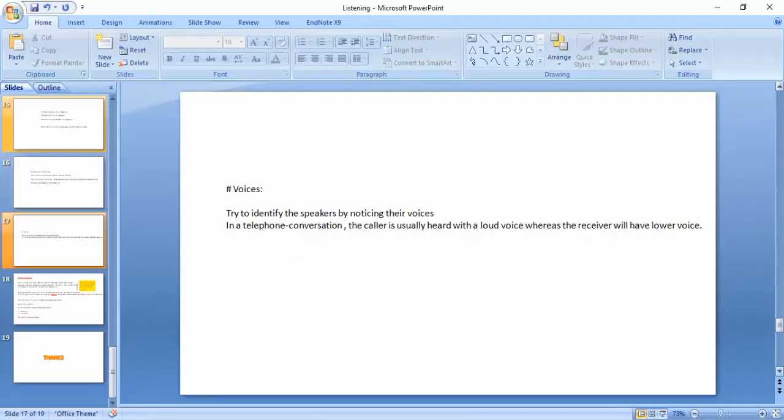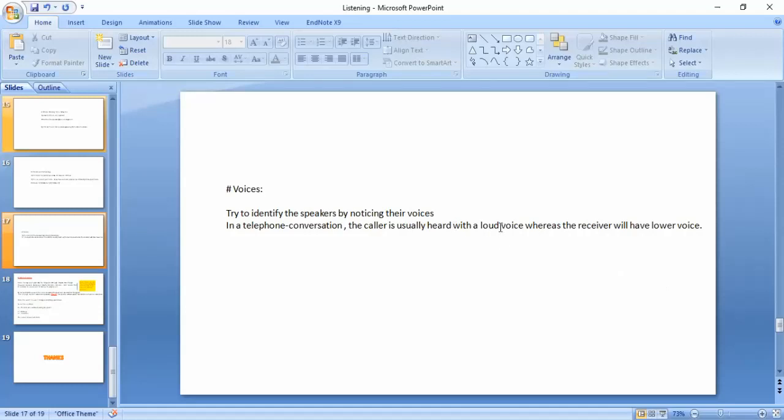Another thing to look for is the voices. Try to identify the speakers by noticing their voices. In a telephone conversation, for example, the caller is usually heard with a louder voice, whereas the receiver will have a lower voice.